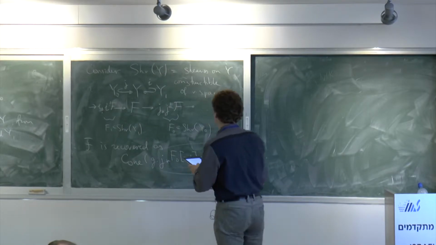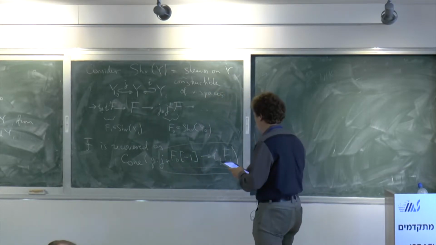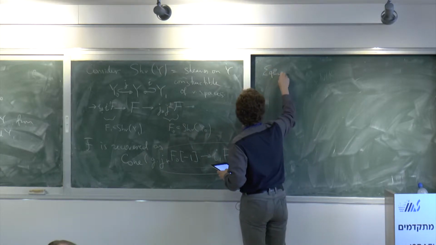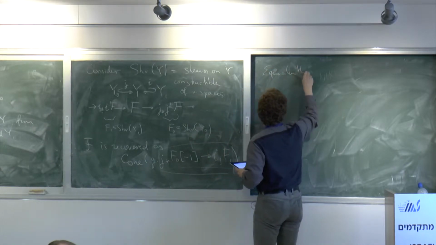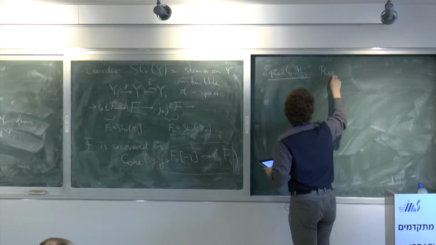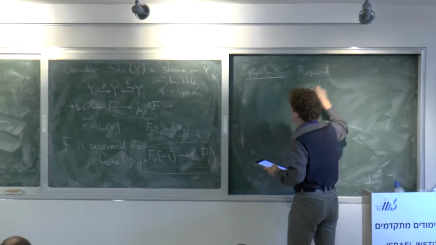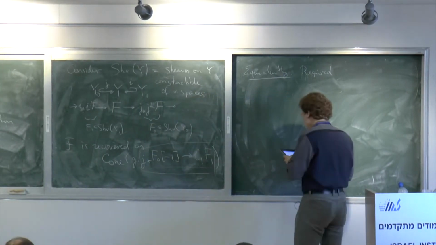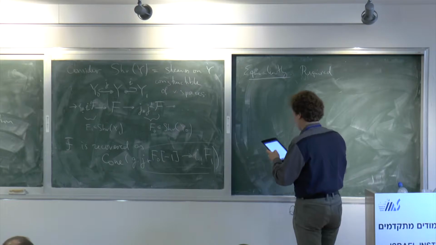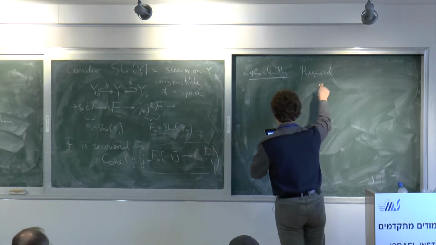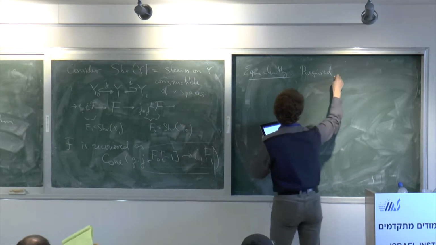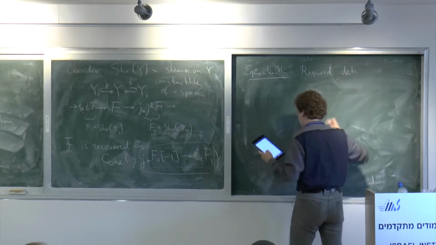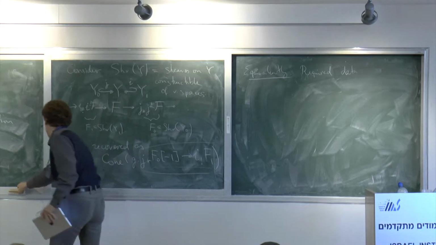Equivalently, using the adjunction, the following data are required to reconstruct a sheaf on all of Y. So I need, required, I guess, gluing data. I guess that's the best way of putting it.